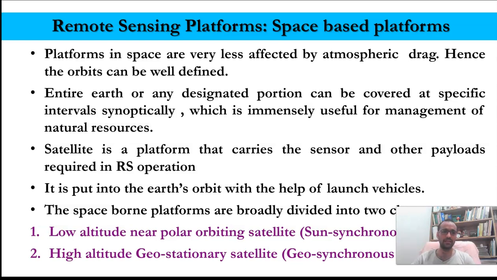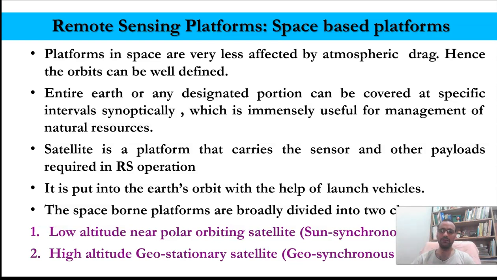The satellite is a platform that carries the sensor. We have the satellite, and then we have different sensors on board the satellite. It is put into Earth orbit with the help of launch vehicles. We have different launch vehicles to put the satellite in space.